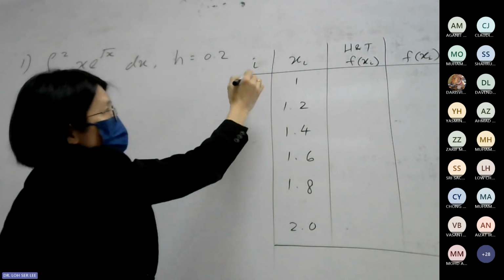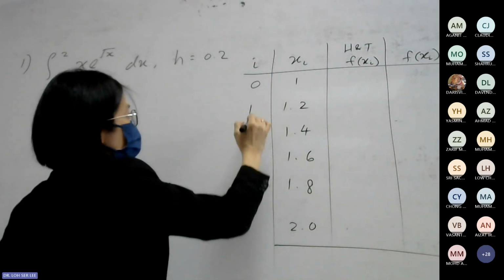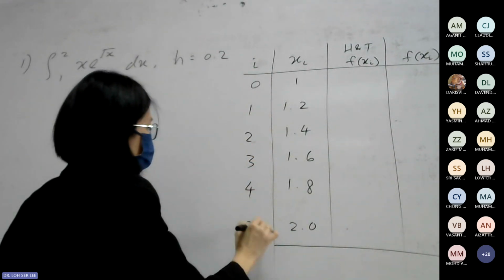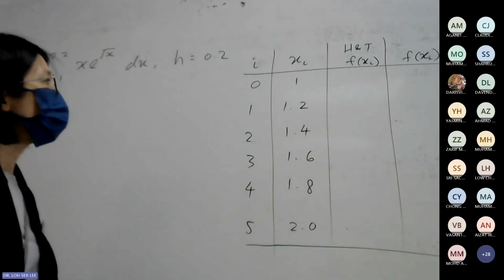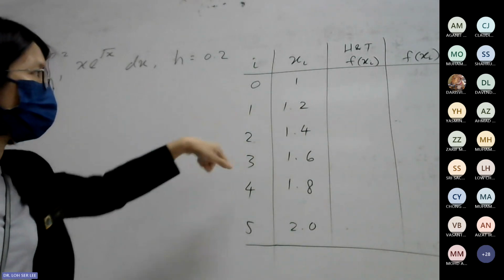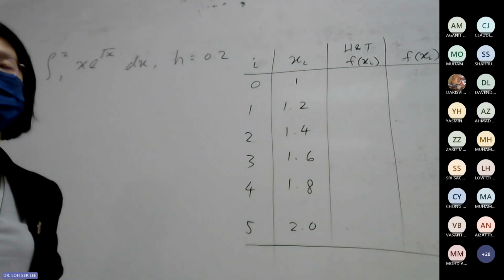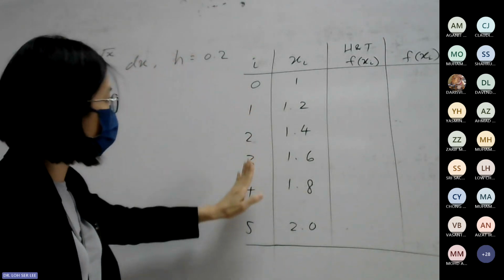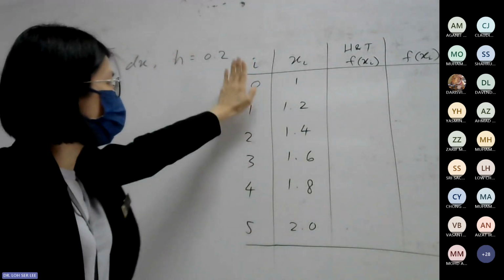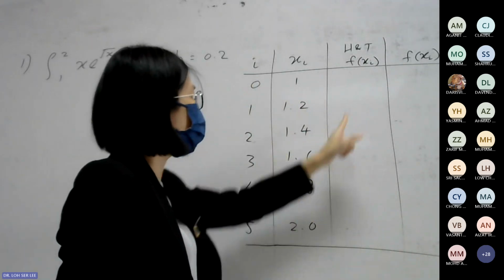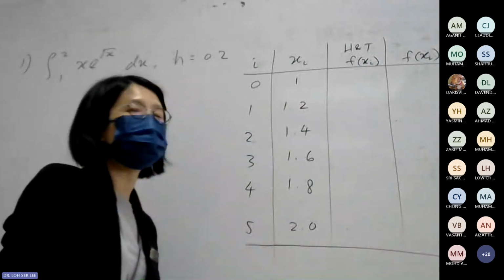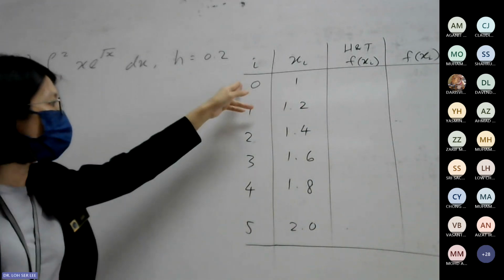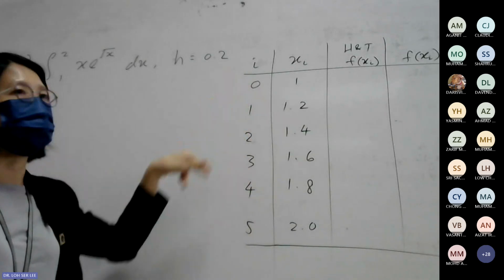The iteration always starts from 0: 0, 1, 2, 3, 4, 5. This one is quite important for Simpson's rule. For trapezoidal, actually you can ignore this one because we know the head and tail f will be here, but for Simpson's we need this iteration column.